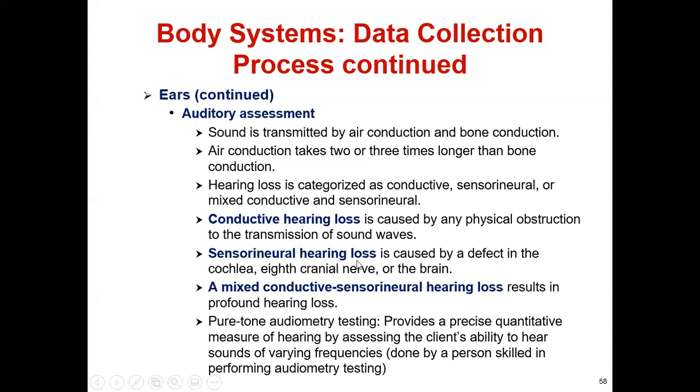Sensory neural hearing loss is caused by a defect in the cochlea, the 8th cranial nerve, or the brain. The mixed conductive and sensory neural hearing loss results in profound hearing loss.